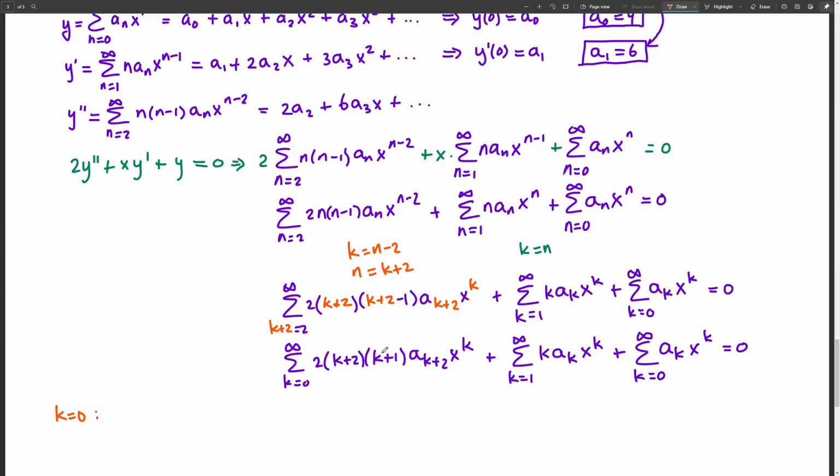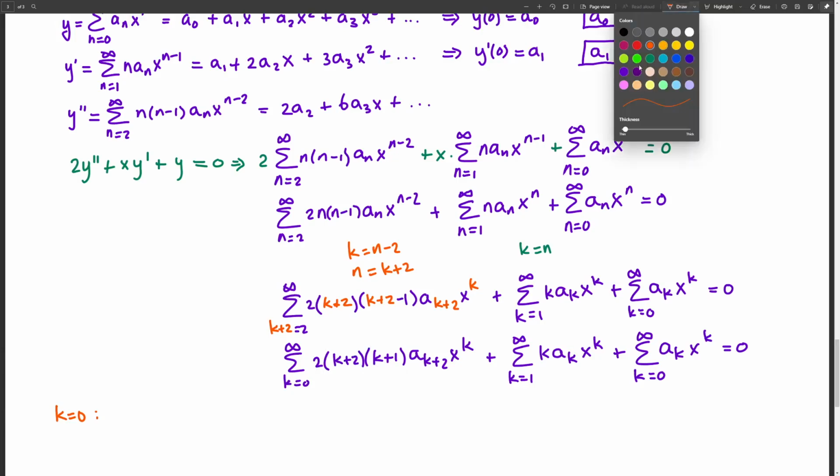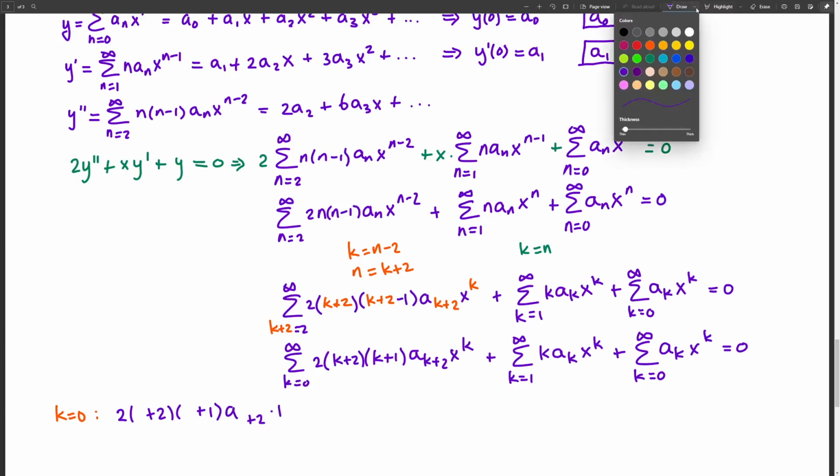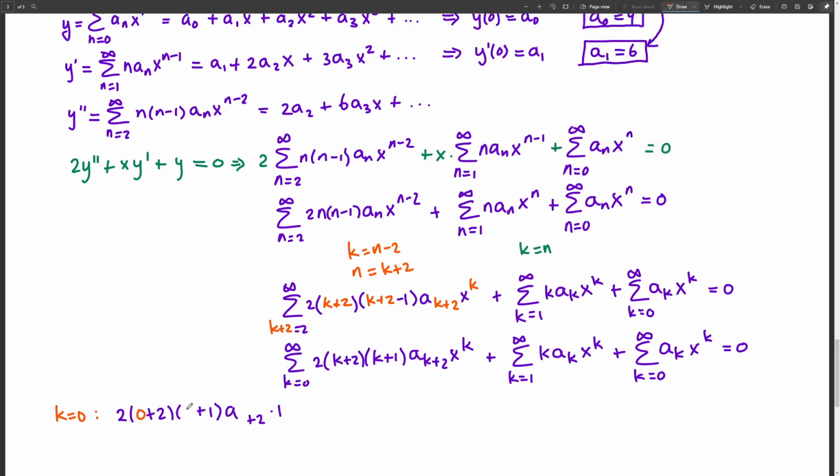So for k equals 0, if I plug that in here, what I get is 2 times 0 plus 2 times 0 plus 1 times a sub 0 plus 2, and then x to the power 0, that will just give me times 1. So if I plug in 0 here, that happens in the first term.